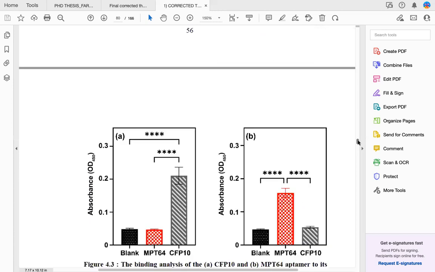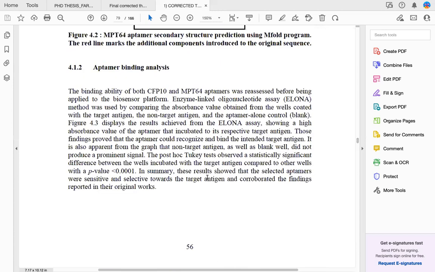Still, this is the discussion, and it still has to be discussed, of course. I'm trying to show how you discuss binding. So how do you show there is binding?